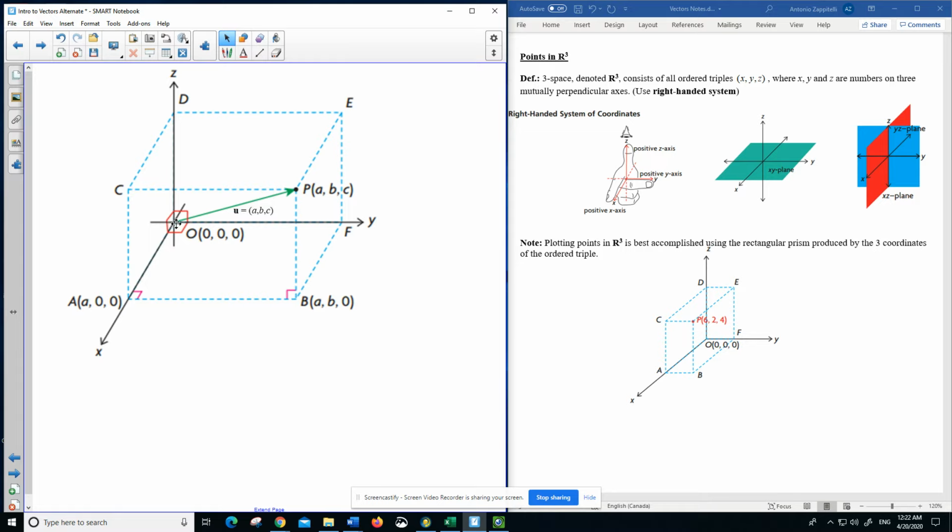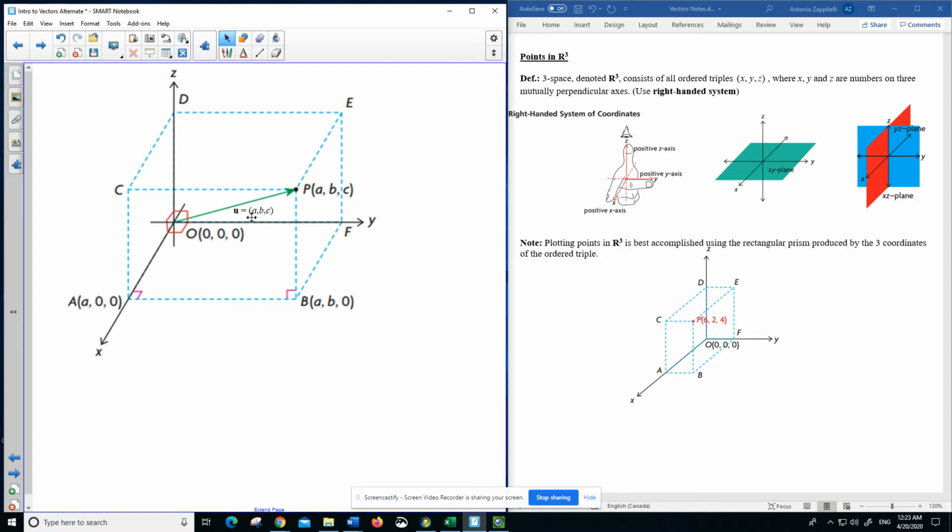By defining it as a vector that starts at 0, 0, 0 and ends at the point ABC. That now becomes the vector ABC. Okay? So yet again, you see how we're using the rectangular prism to sort of locate our point, to give that sense of perspective. And now this becomes the vector ABC.